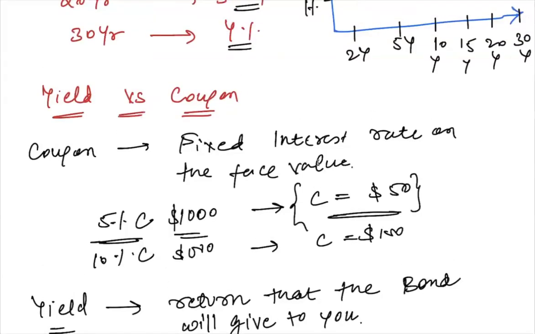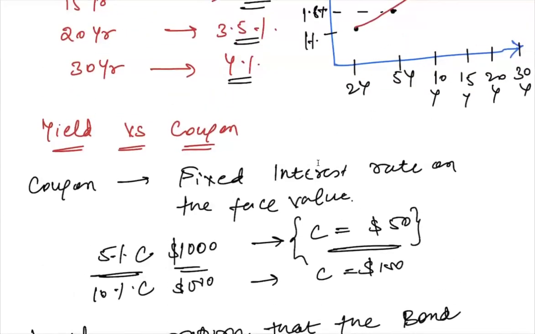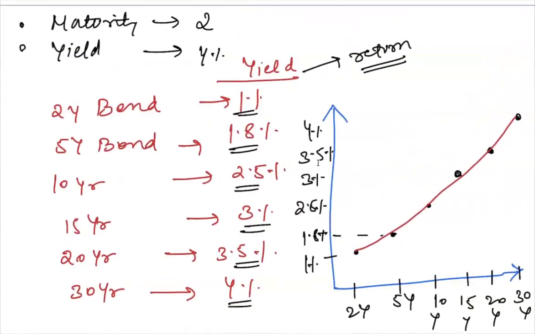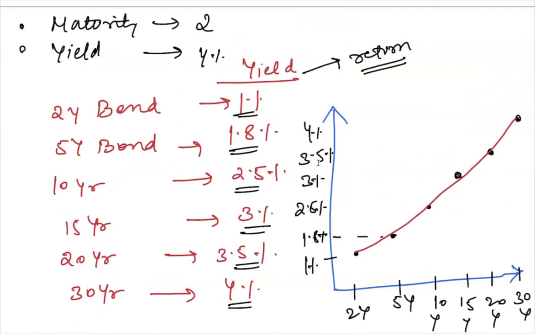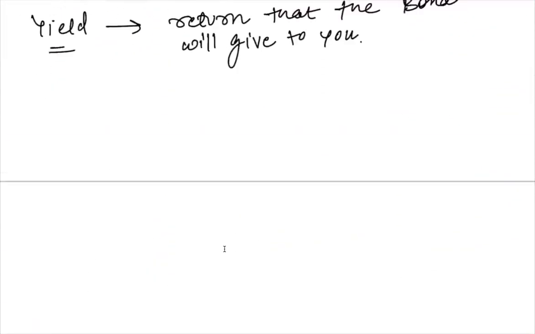But yield and coupon are different. Yield is more of a return. Just to make sure, yield is the actual return that an investor gets.